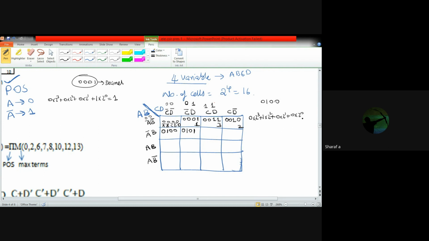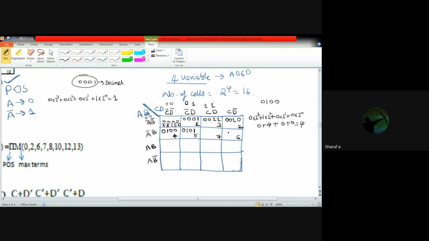That gives 0, 0, 4, 0. So finally you get 4. So this one is 4, this one you'll get 5, this is 6, then this is 7.